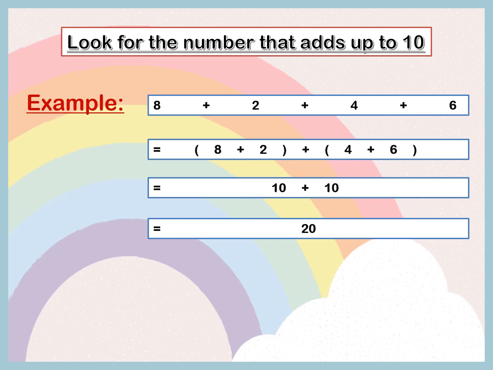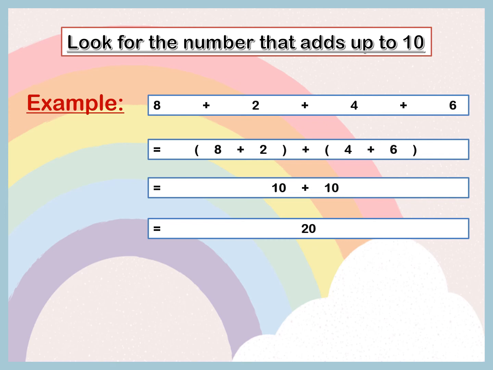Great job. So, kids, what we're going to do is write this equation into a sentence. So you're going to write 8, plus, 2, plus, 4, plus, 6, and then equals 20.